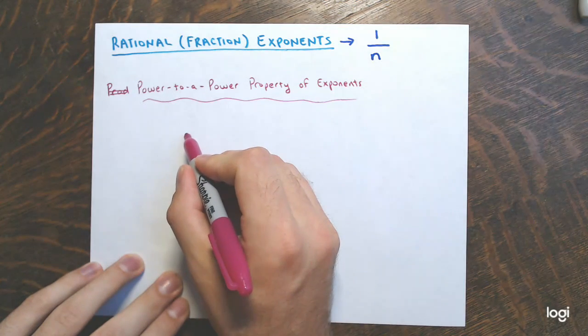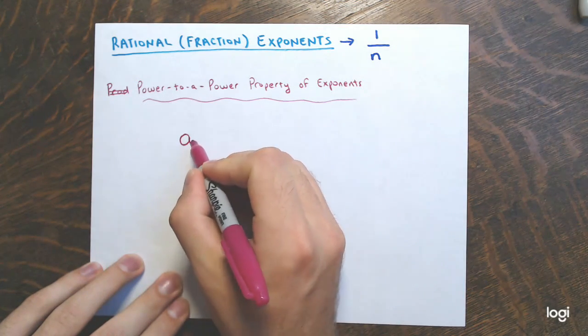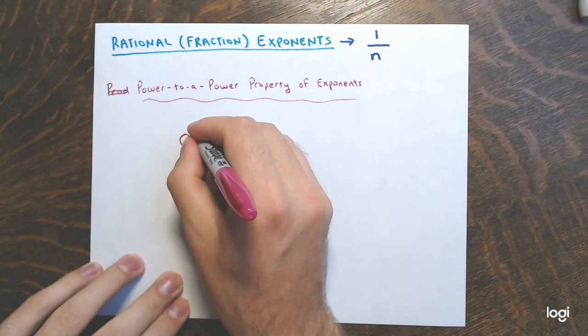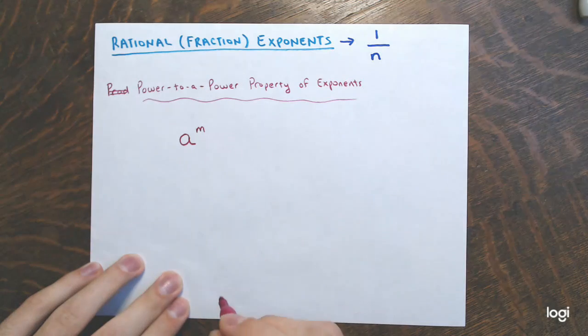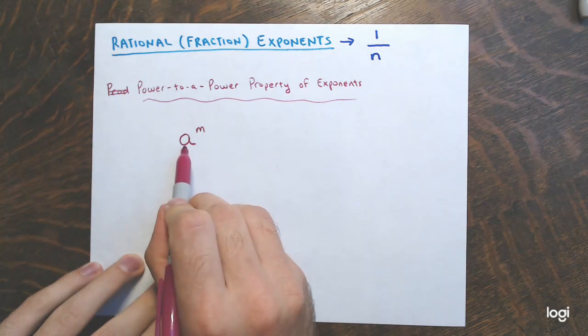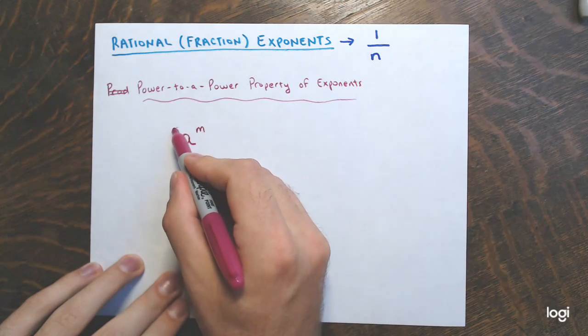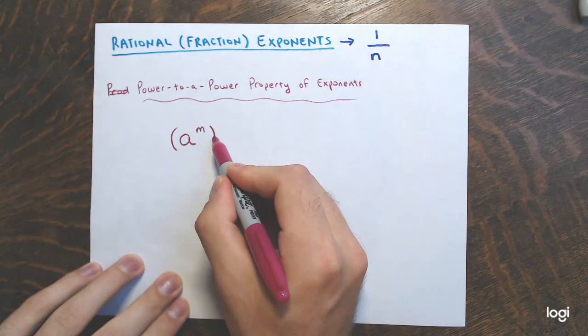If I have a number, say the number represented by the letter a, I raise this number to an exponent, say the mth power. So remember, this is called the base, this is called the exponent. That should be hopefully familiar to you by this point.